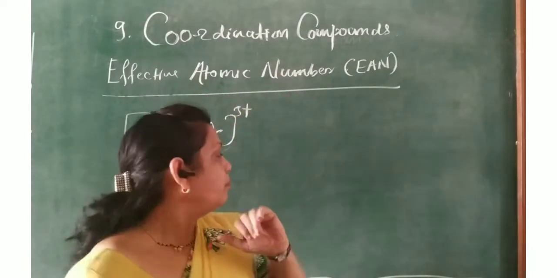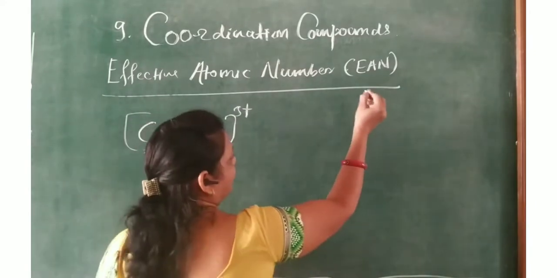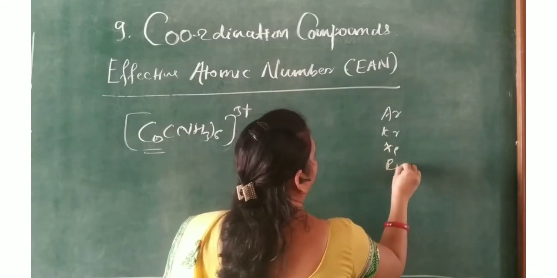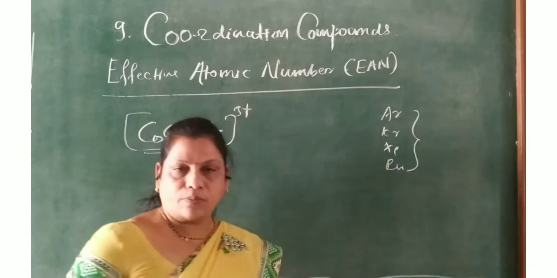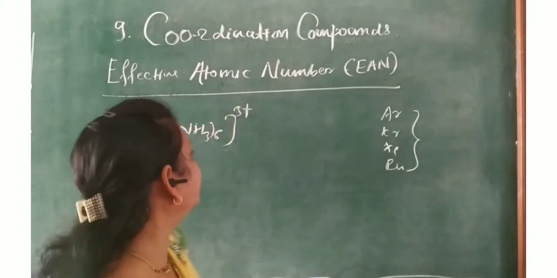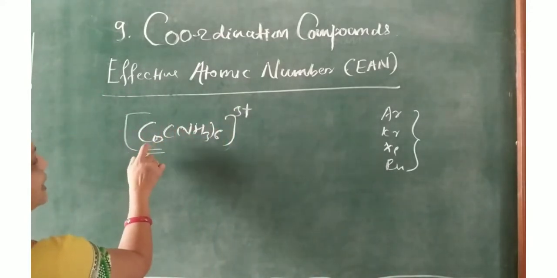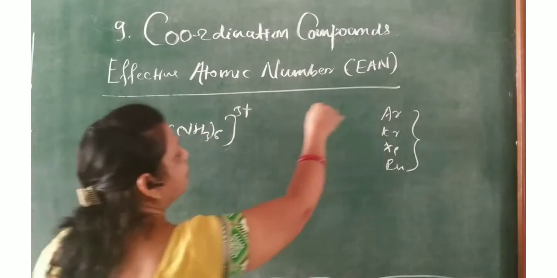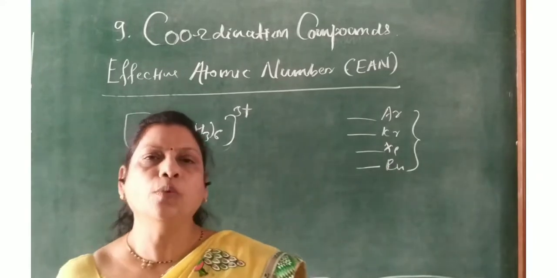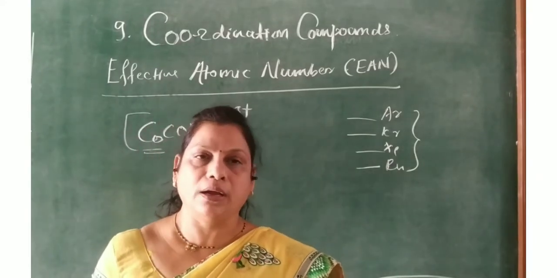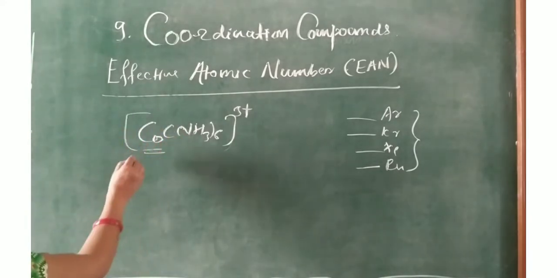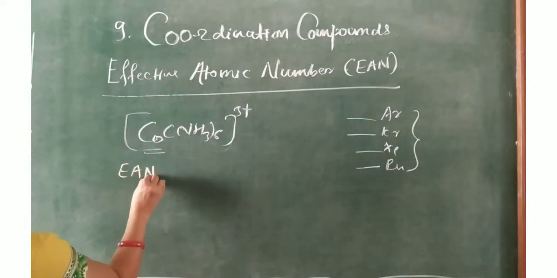For example, the noble gases are argon, krypton, xenon and radon, with atomic numbers 18, 36, 54 and 86. The central atom attains the corresponding number of electrons of the noble gas, and that is the effective atomic number rule, the EAN rule.